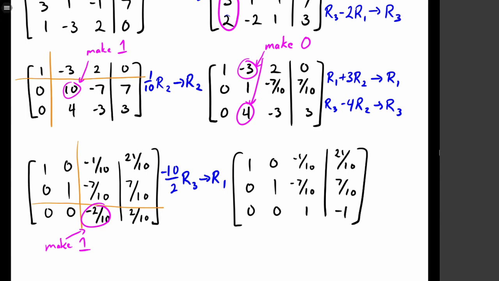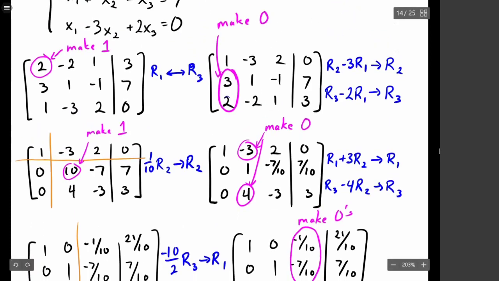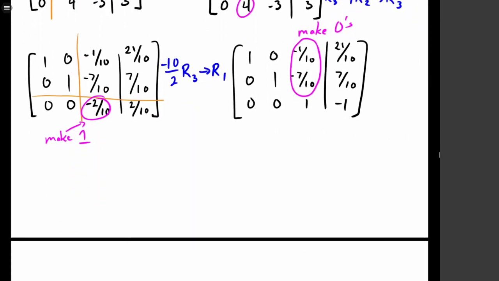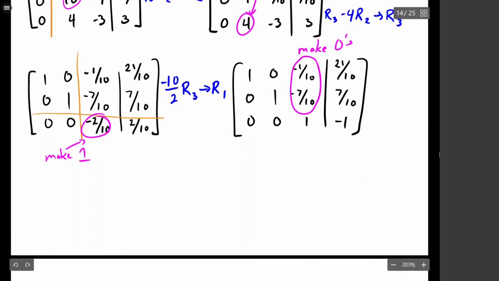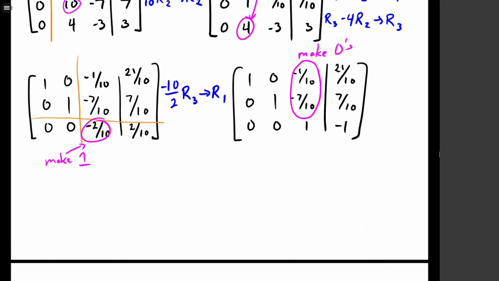Okay. Now that we have our leading 1 here, just like we did before, after we got that leading 1, we want to make everything else into 0. Make zeros here. Right? So, how do we do that? Well, we're going to use row 3 to change it. So if we do row 1 plus 1/10 of row 3 replaces row 1.